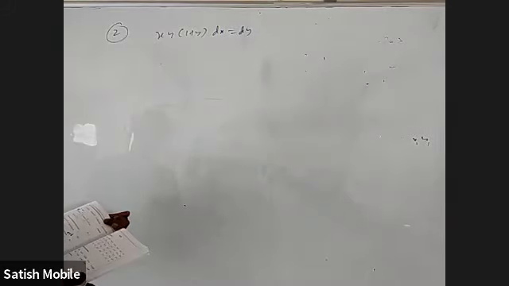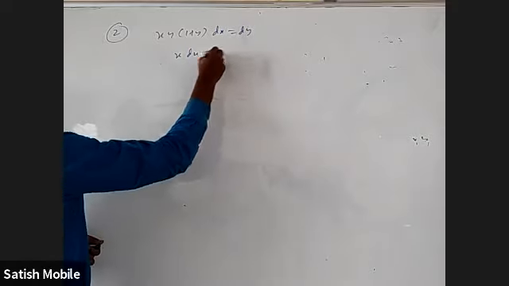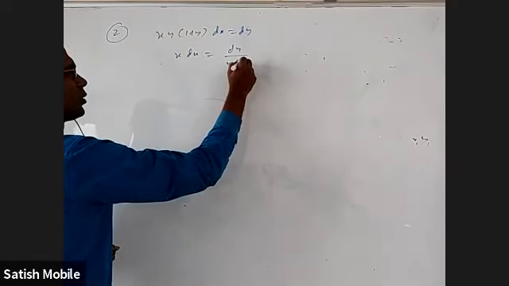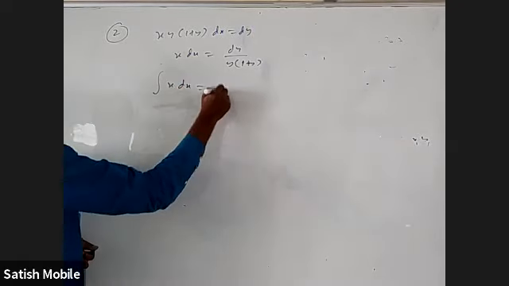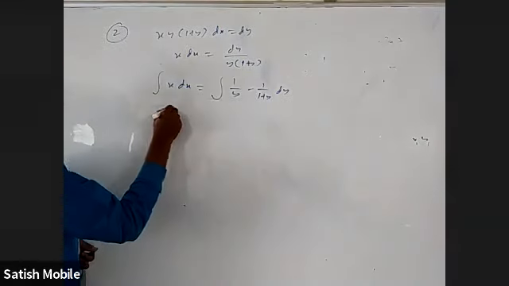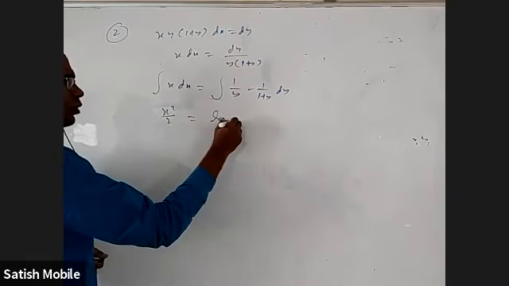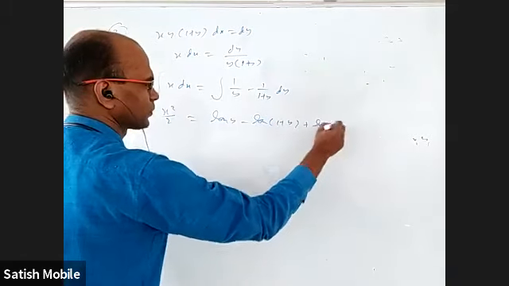Okay, so is it possible to variable separable? Yes. x dx is equal to dy by y into 1 plus y. Integral x dx is integral 1 by y minus 1 by 1 plus y dy. This is x square by 2. This is log y minus log 1 plus y plus log c.